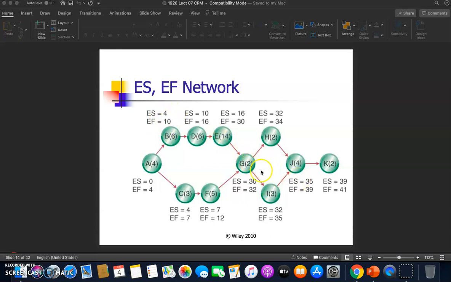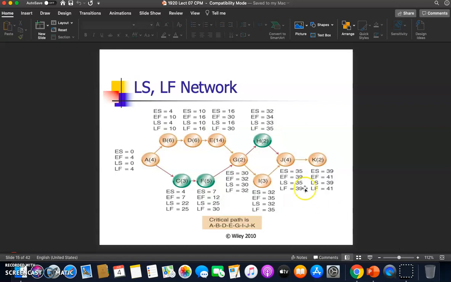So you have to understand this definition in this diagram. Okay, this diagram shows the latest start and latest finish elements. So first, you must know which path is the critical path.